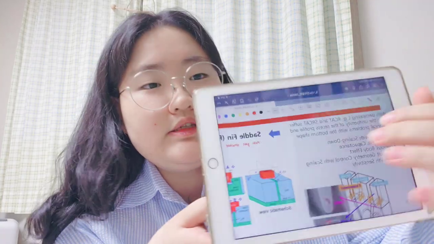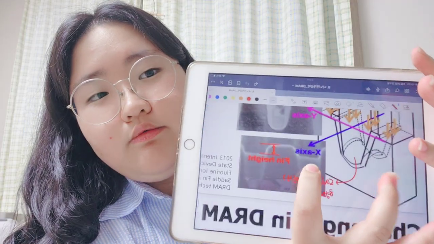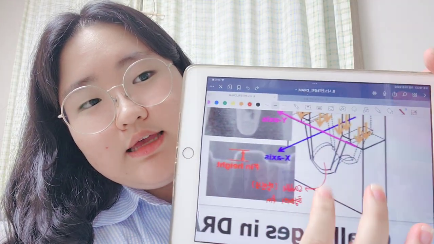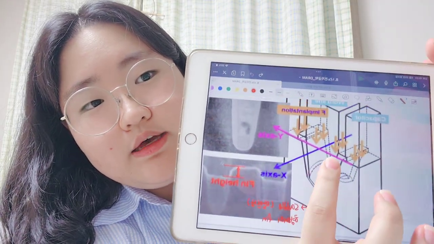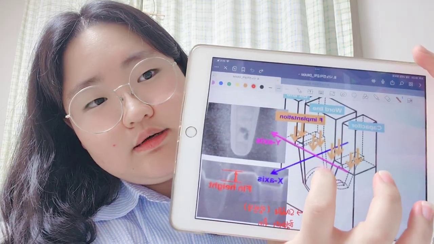We recess the gate like this saddle shape and put the gate on it, put a word line on it. By making this structure, we can increase the surface which contacts the word line, and it means we can control the channel well.